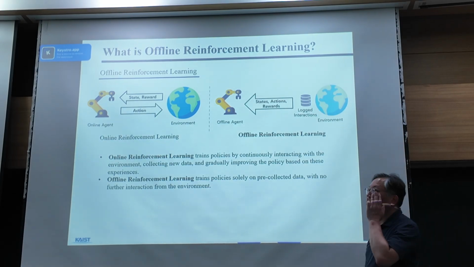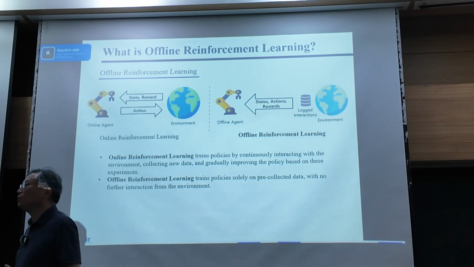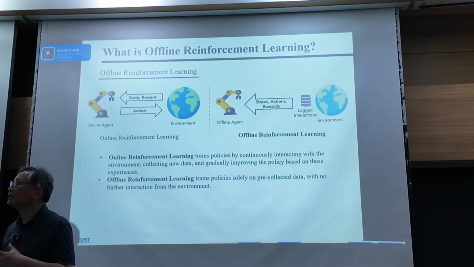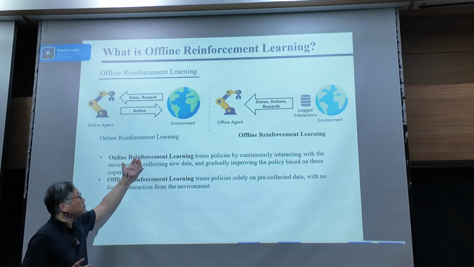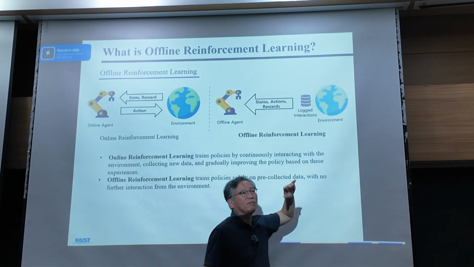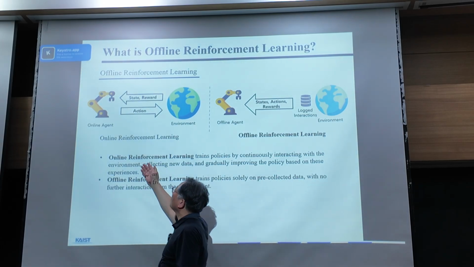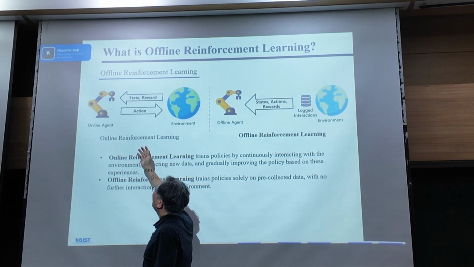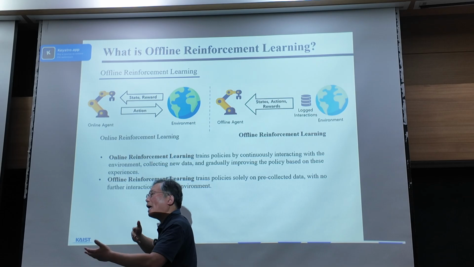Now, there are many ways to classify a reinforcement learning algorithm. I'm going to classify it in this way. There is an online reinforcement learning and there is an offline reinforcement learning. Online reinforcement learning is taking action and learning as it's going.